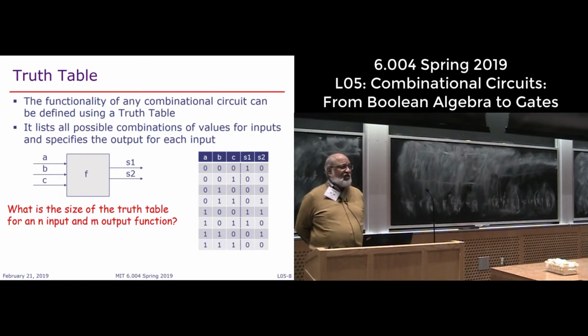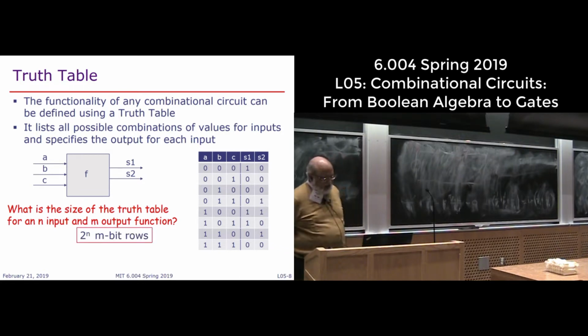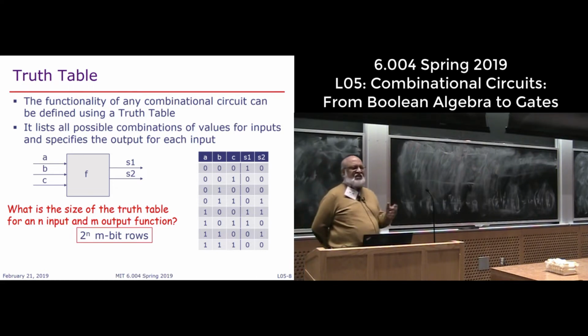So it's a little bit daunting to think what it will be like if you had 32 inputs, or if you had 64 inputs. That's something to think about. And of course you have to use one bit to describe every output. So essentially a truth table is going to contain 2 to the n rows of 2 bits each, or m bits each if m is the number of outputs you have in your circuit.